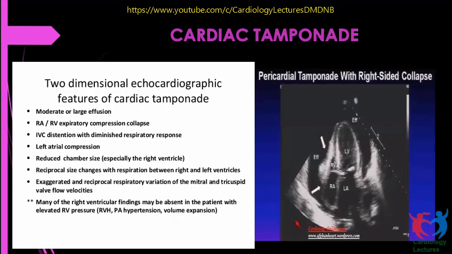So there is a compression of RA and RV, IVC will be distended, left atrial compression will be there, reduced chamber size will be there, reciprocal size changes with respiration between the right and the left ventricles, and exaggerated and reciprocal respiratory variations of the mitral and the tricuspid valve velocities. All these are very detailed things, but in short, there will be a pressure generation from the outside of the heart leading to decreased output from the heart.